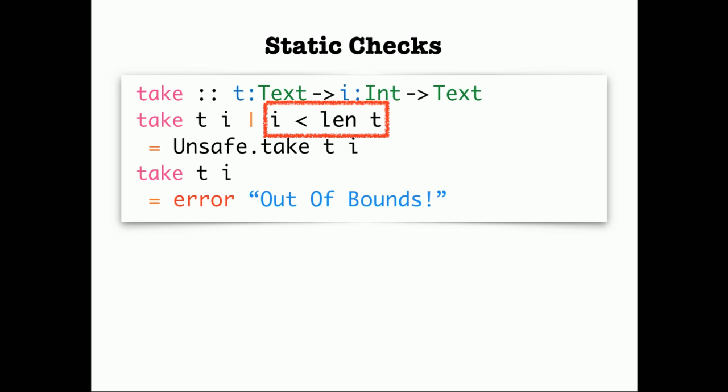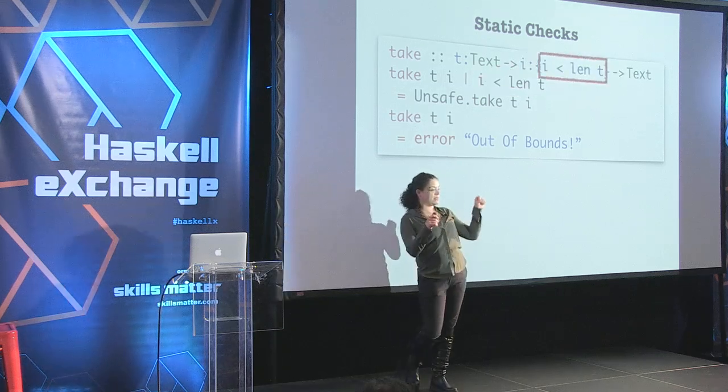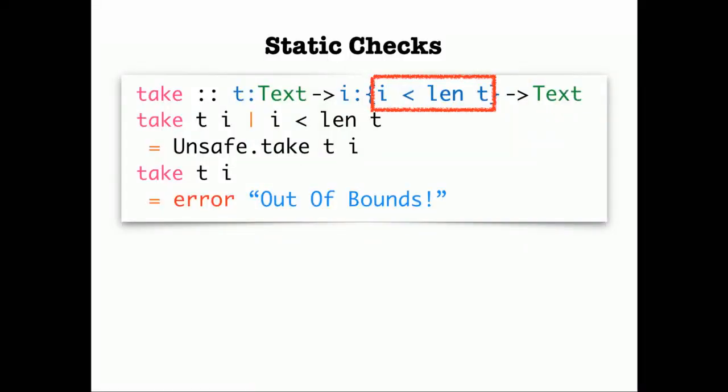I'm going to take this runtime check that take is using and push it into the refinement types. So now I have a refinement type that says that the index i is always less than the length of the text. And because this is provable at compile time, I can remove these runtime checks.